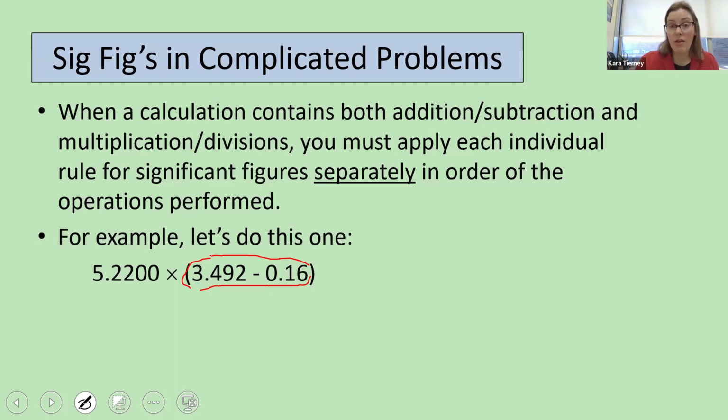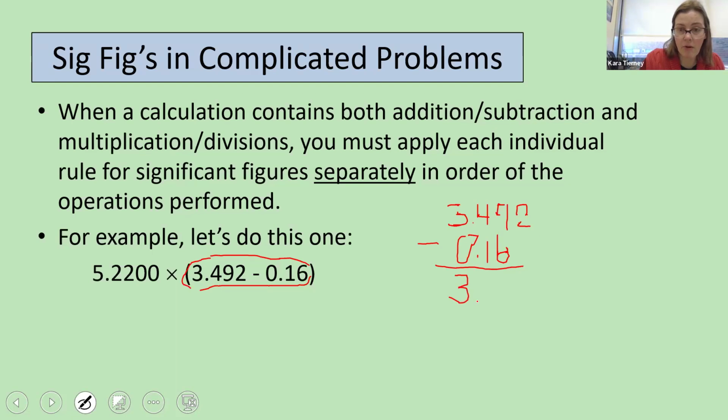Some people really like the visual of lining them up vertically, so I want to show you that. So we have 3.49. I thought my little pen was going to be better, but this is not great. I will try to find a better one. Okay, there we go. When you subtract them, you get 3.332.